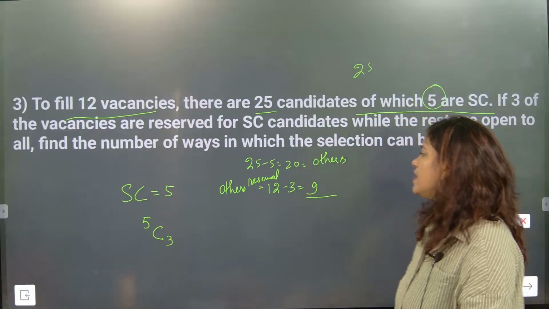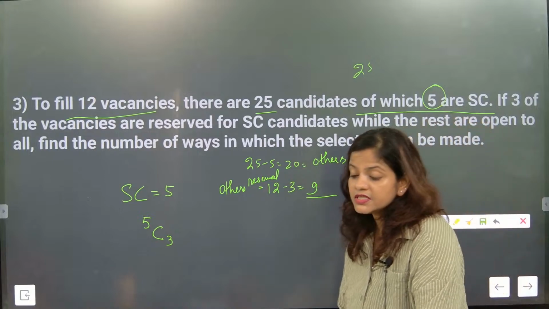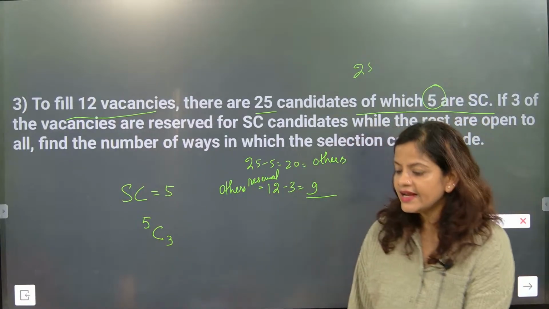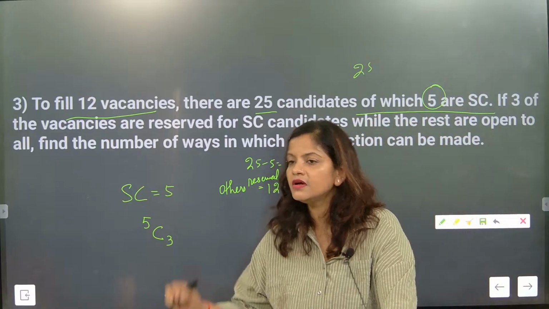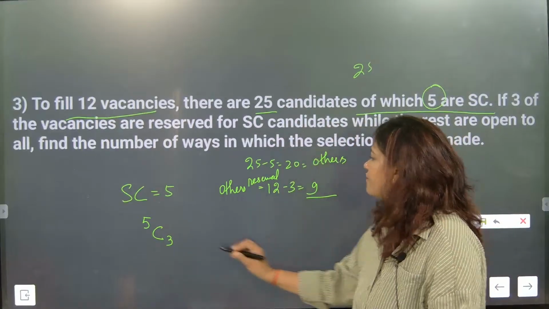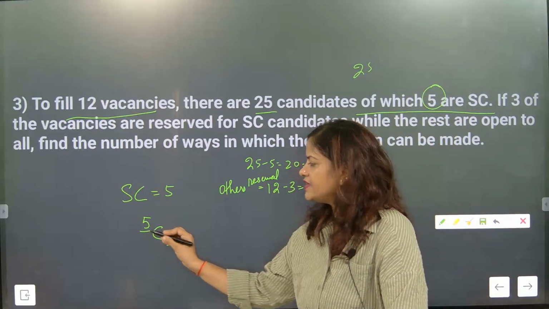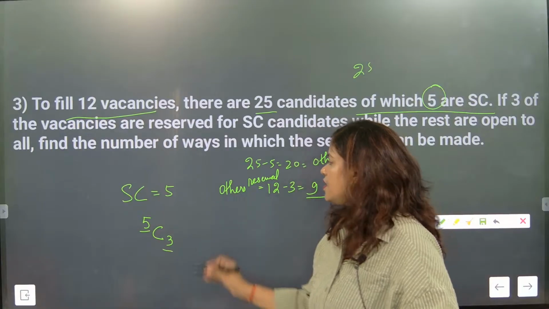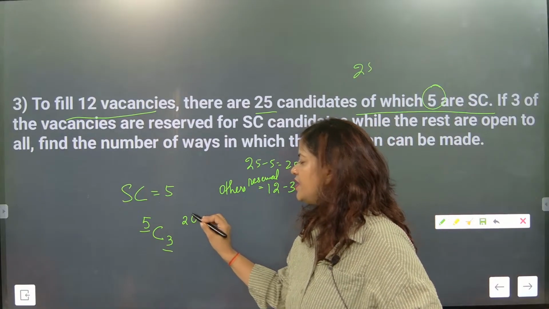3 seats are given to SC/ST. Correct? Now after 3 seats given to SC, remaining how many seats will be there? 9 seats. And for 9 seats, how many people will compete? 20 people. So 5C3. 5 SC candidates will fight for 3 seats. Understood? Now how many people are left? 20.